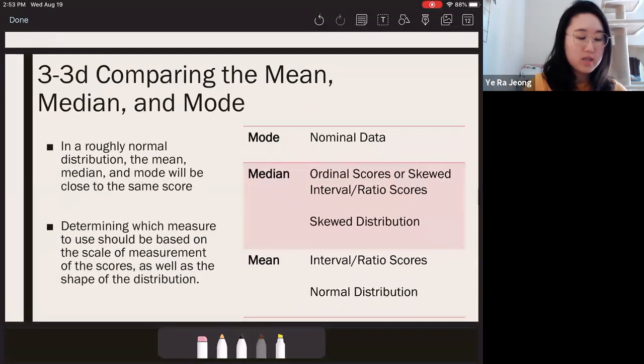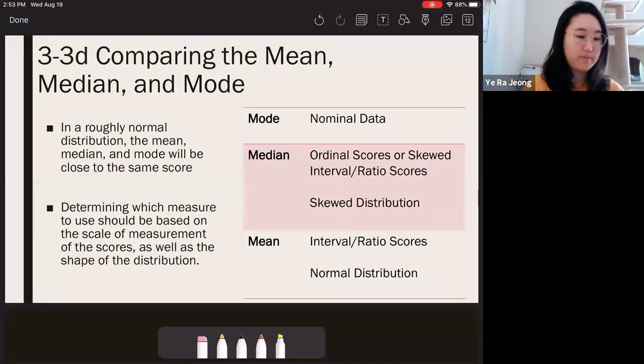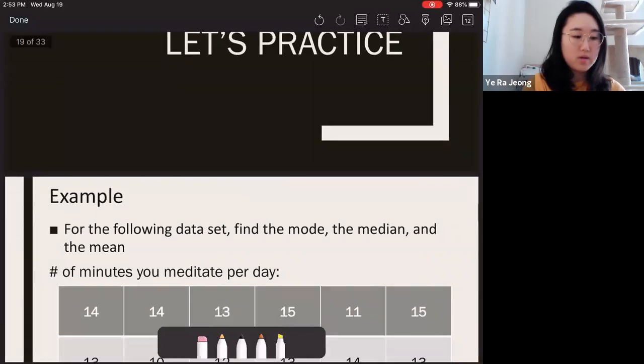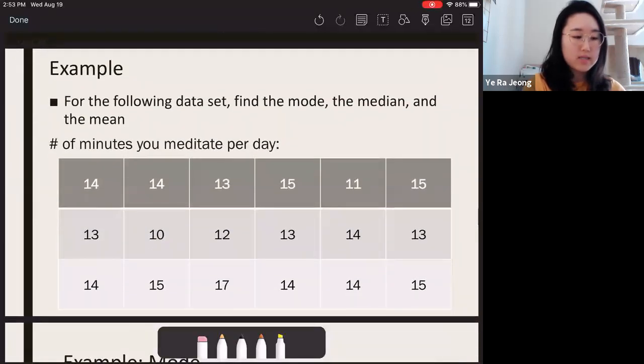Okay, again, this is a summary of comparing mean, median, mode. You use different types of central tendency depending on the type of data or skewed distribution shape you have. All right, so if we were to practice, let's say I asked you how many minutes you meditate per day, and 18 participants gave me their score.